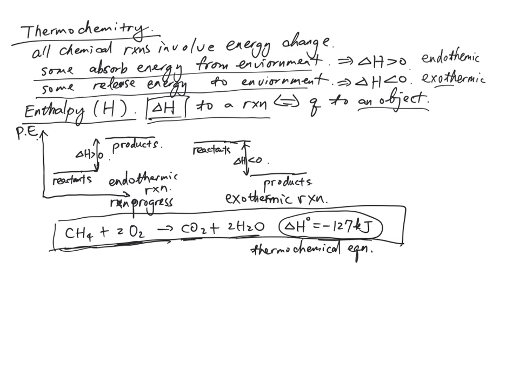Then I can calculate delta H, because now your Q loss plus Q gain can be written in a different way: delta H plus Q equal to 0 in an insulated system.